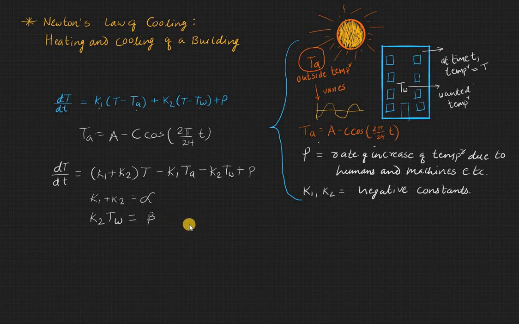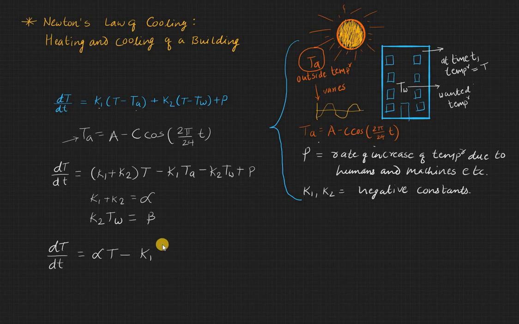So now our ODE becomes like this: alpha into T minus, we can take the K1 and substitute the value of TA inside this equation.